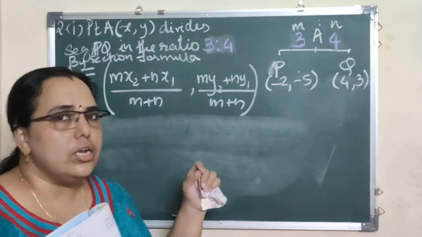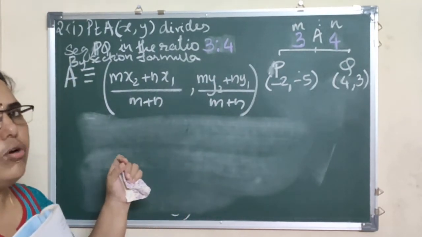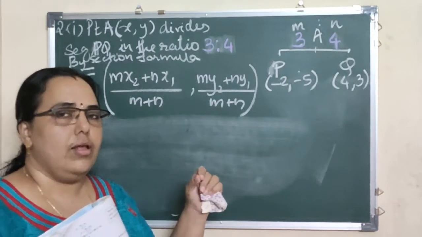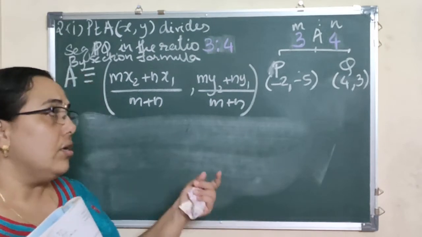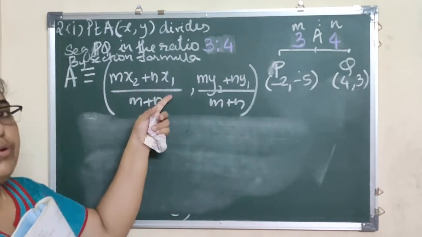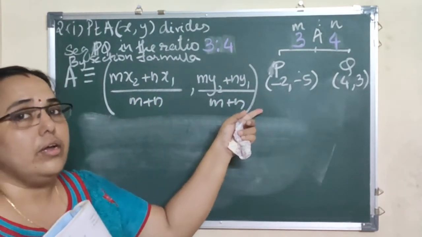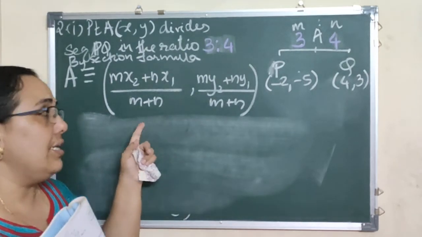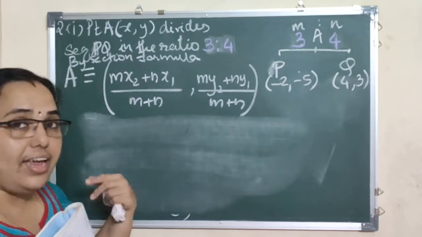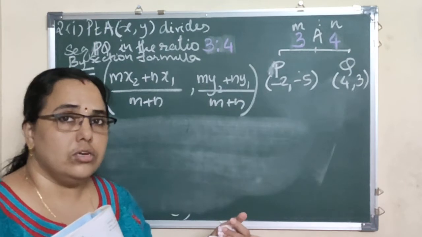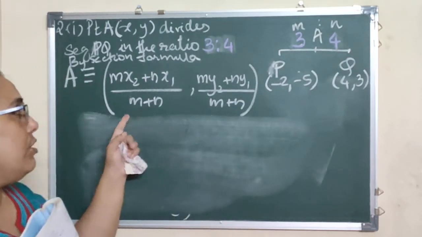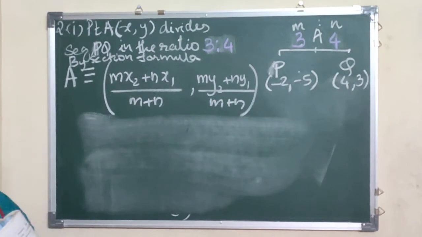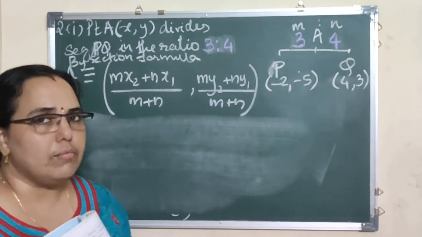See girls, initially I would recommend you to write the formula in every sum. Then it becomes a habit. You learn the formula. You don't make an error of x2, x1 here, y2, y1 here. You will be writing it correctly, saying the formulas orally so that you learn it as well. Okay, once you have written the formula, I am giving you time to do that much.